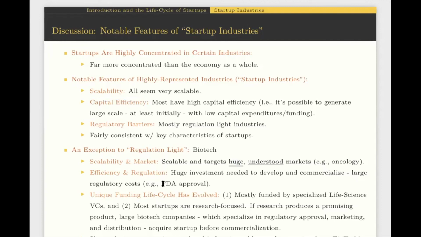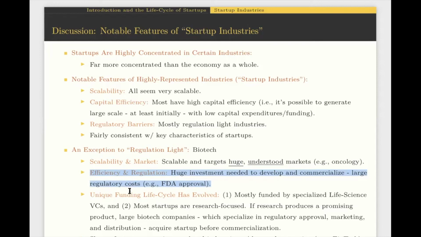In the US, it would be related to the FDA approval process. But one thing that's common across almost every country is that this is an extremely expensive and time-consuming process, right? So, in some sense, relative to most startups, we generally think of this industry as being low on this capital efficiency dimension as well.